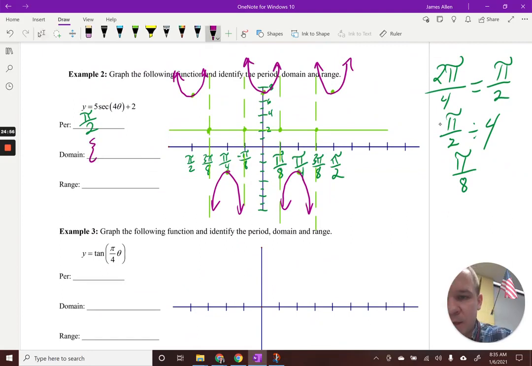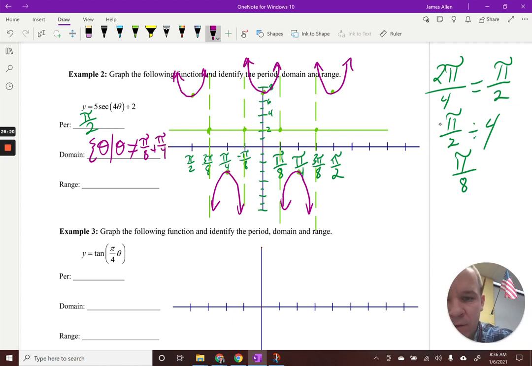All right. So our domain is theta such that theta cannot equal, and let's say pi over 8 would be our first value we'll use, pi divided by 8 plus, now, how often are those occurring? It's 2 pi over 8 to get to 3 pi over 8, right? I have to add 2 pi over 8, so every pi over 4.